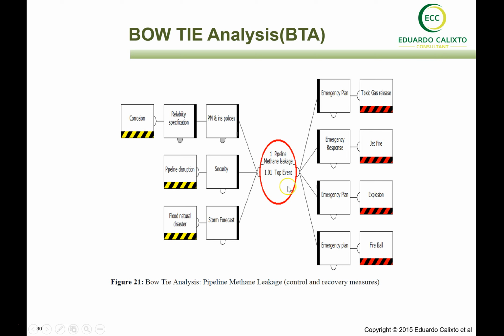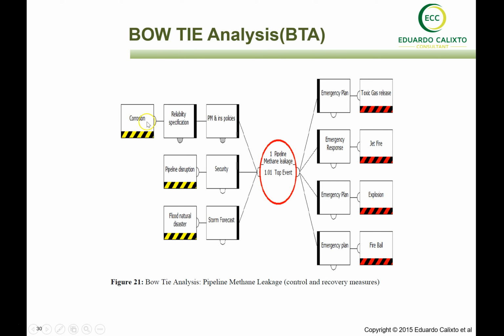So another method that is very good to manage risk as well is what we call bow tie. The bow tie shows the complexity from the very beginning, when we have some failures that can trigger an incident, such as corrosion in a pipeline, for example, until we get to the pipeline leakage, and then we have different accident scenarios.